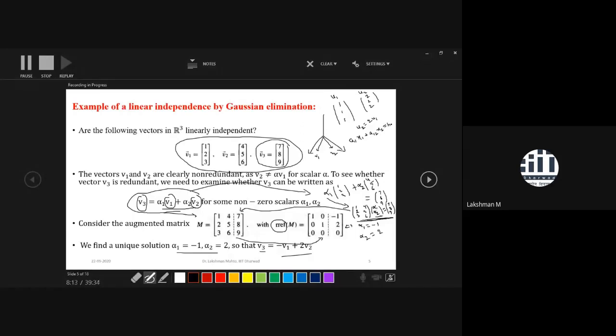This is the first equation. The second equation is a21 x1 plus a22 x2 equal to b2. This is the given system of equations.